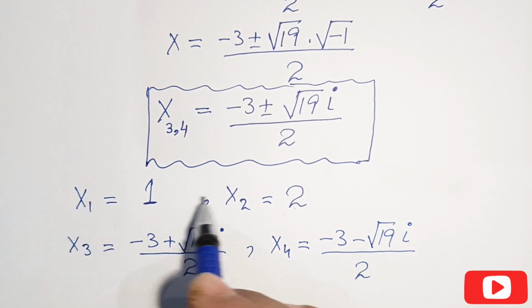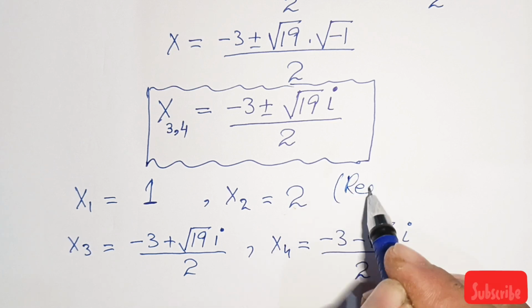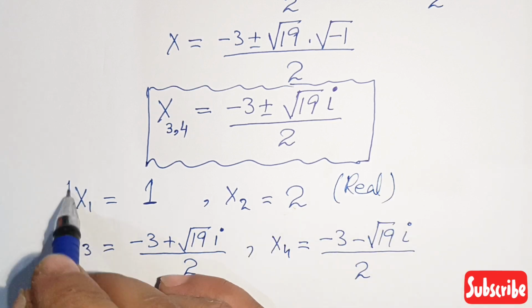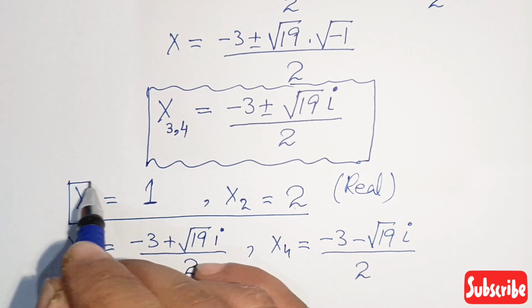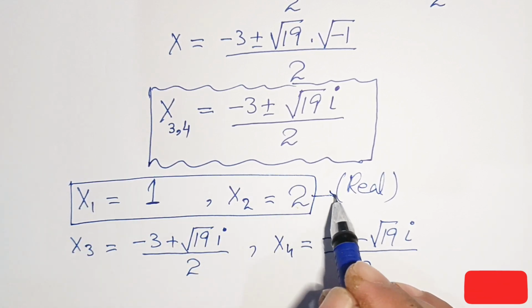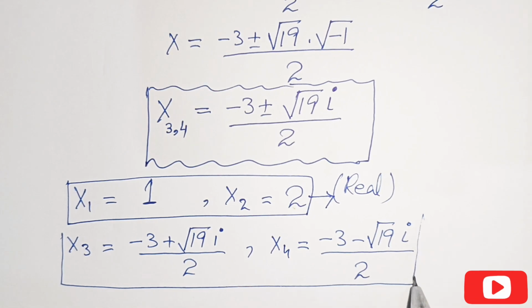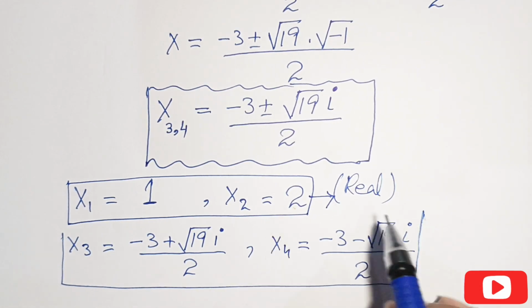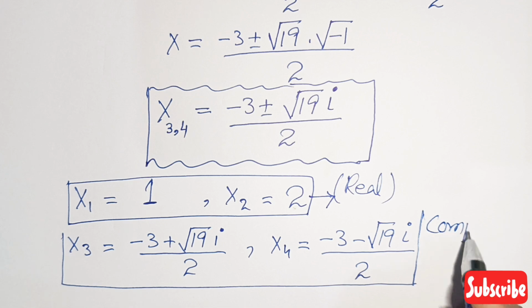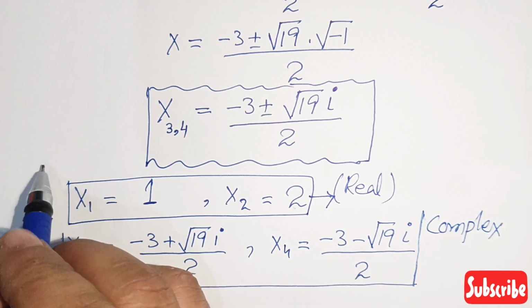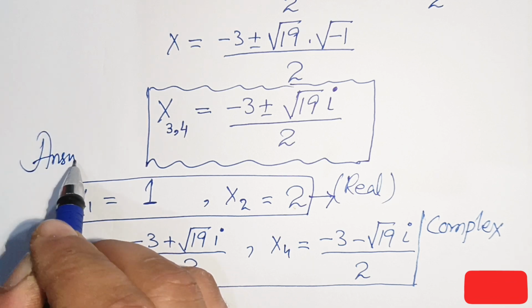So these two solutions are real solutions, and here we have two complex solutions. Now we have four possible values of x, so it is our final answer.